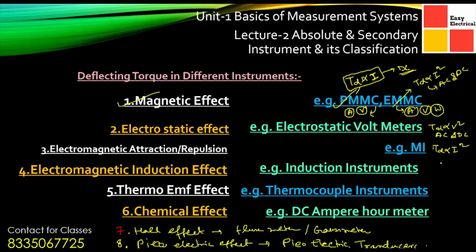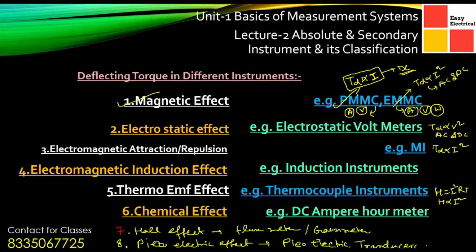Another thing is the thermal effect. In the thermal effect, we know the heat H equals I square RT, the simple formula. From here we can observe that H is also proportional to I square. In induction and other cases, the deflection is dependent on the current proportionally.